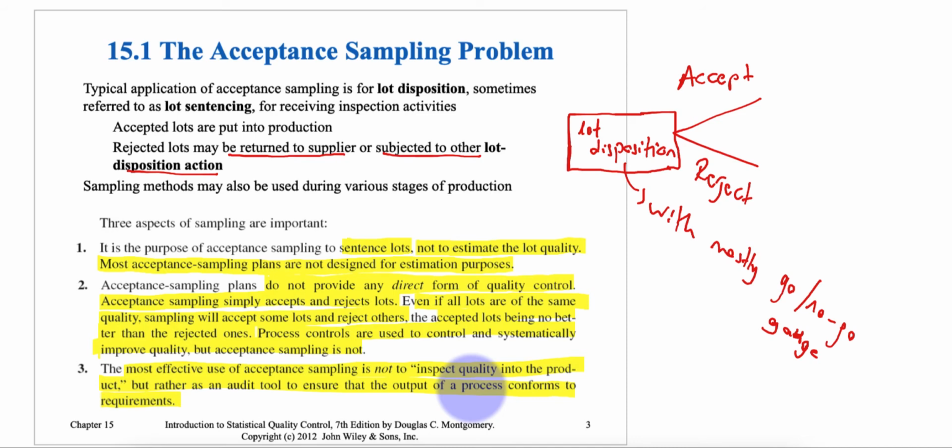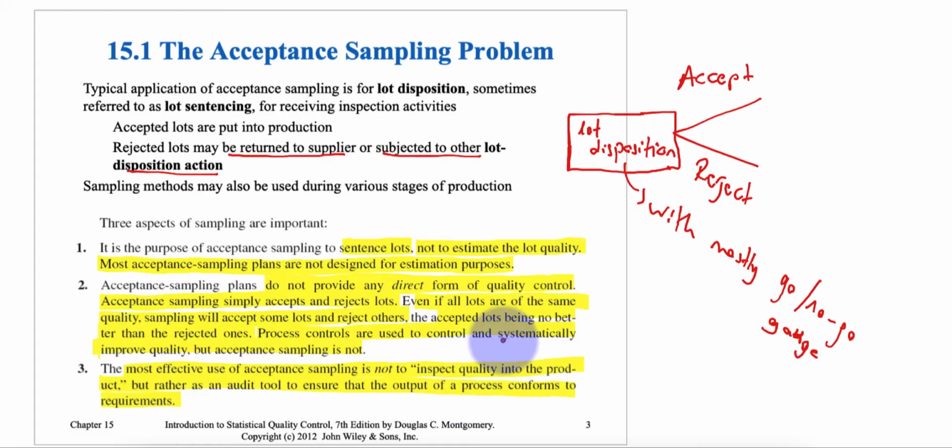And even if all lots are of same quality, sampling will accept some lots and reject others. For example, you have taken 2 lots, and from lot 1, you have taken a sample and inspected it, and you have found, let's say, 3 defective units. And you have taken another sample from lot 2, and you have inspected that sample, and you have found 0 defective units.